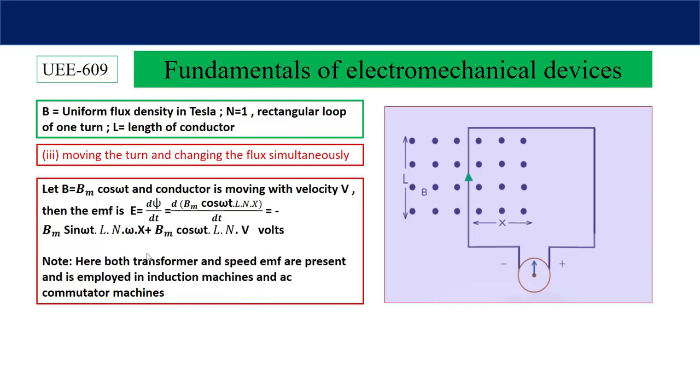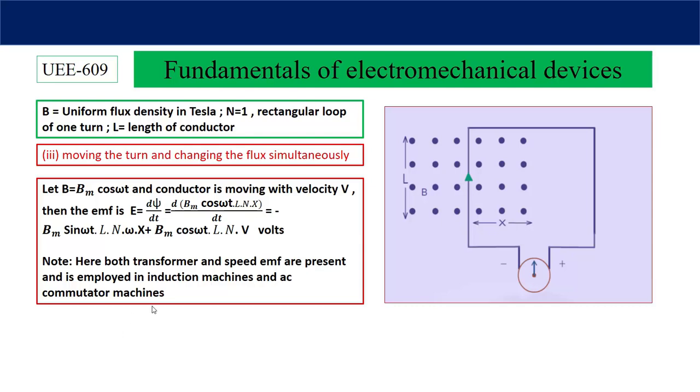So let's discuss a little bit about this induction machine. In case of an induction machine, single phase or three phase, a rotating magnetic field is developed, and that rotating magnetic field is created by applying an AC supply across the stator winding.